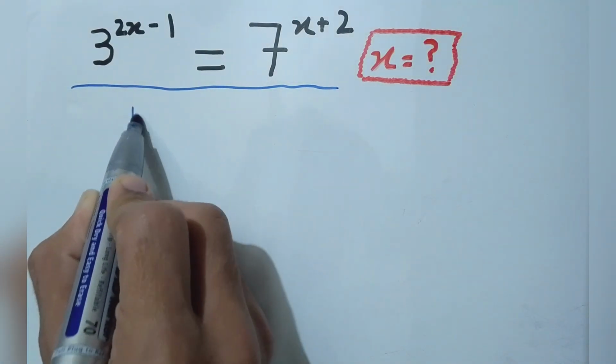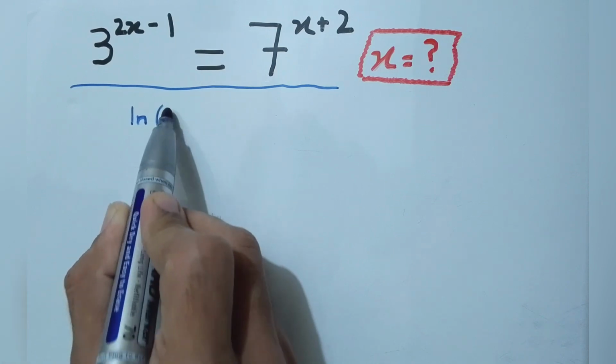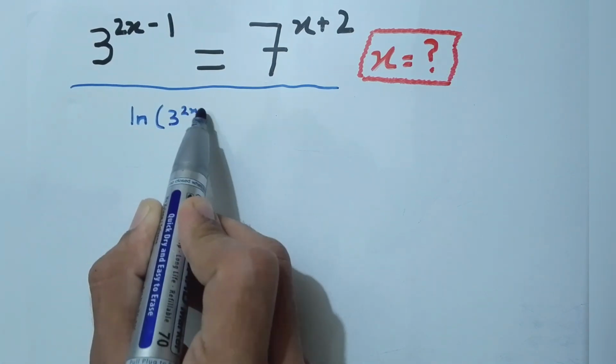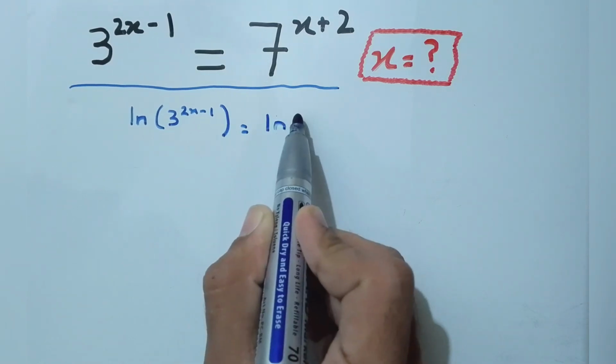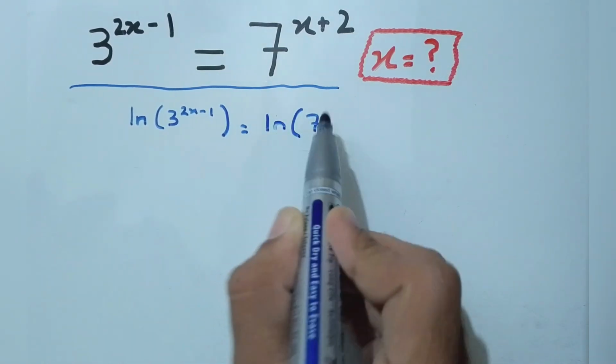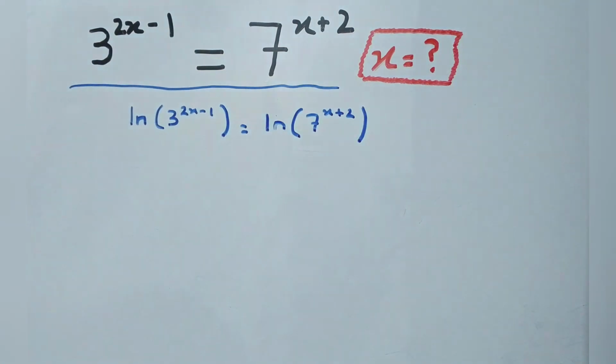ln, the natural logarithm, of 3 to the power 2x minus 1 is equal to ln of 7 to the power x plus 2. Now let me remind you of the rule of logs.